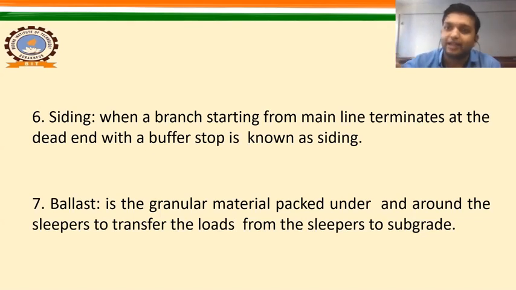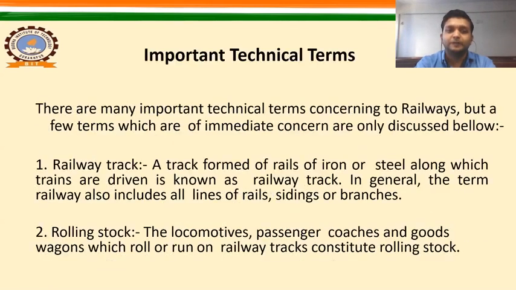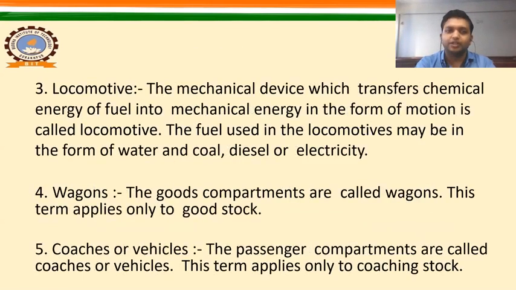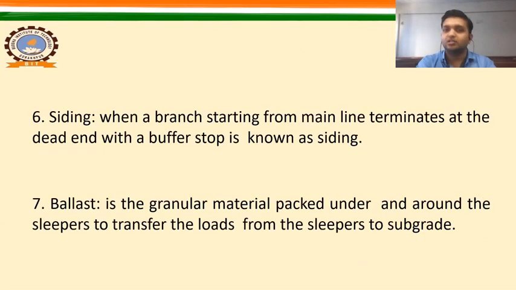The packing of the sleepers has been done using this ballast. So these are the technical terms which you will encounter: railway track, rolling stock, locomotive, wagons, coaches or vehicles, siding, and ballast.